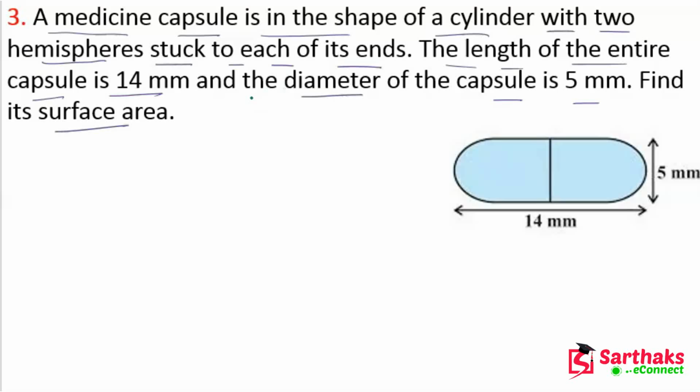So my dear friends, we have two hemispheres and one cylinder, like this. If you see this diagram, there are two hemispheres, one at each end, and in the middle is one cylinder.